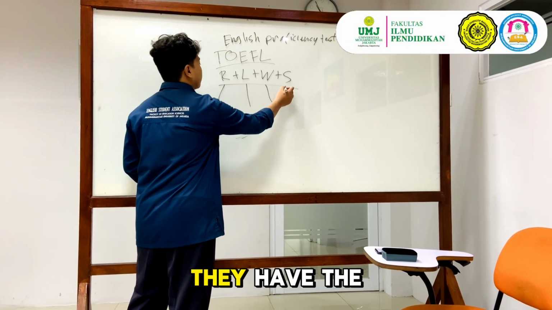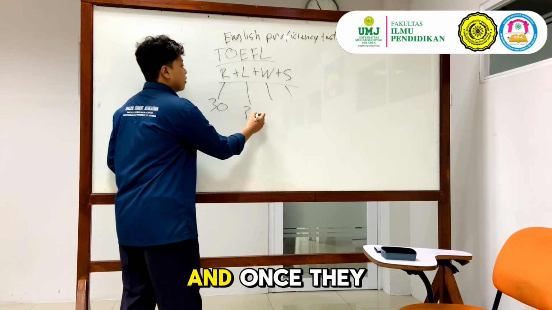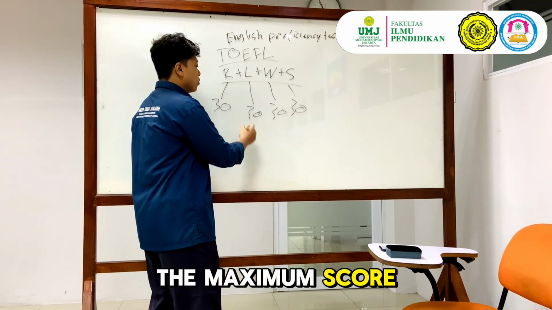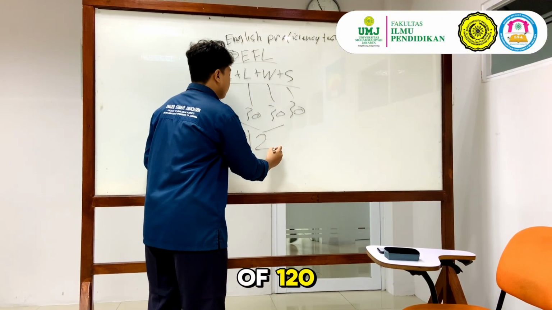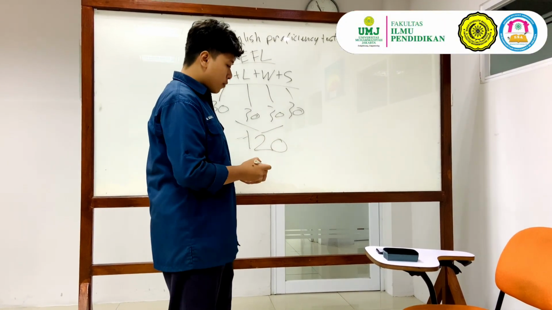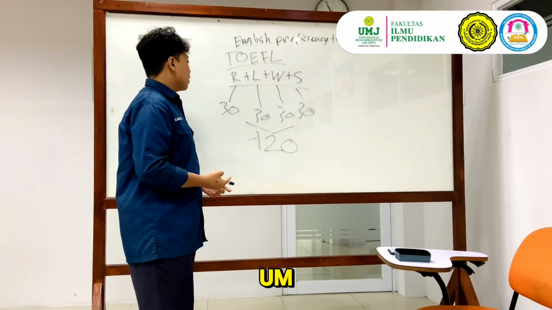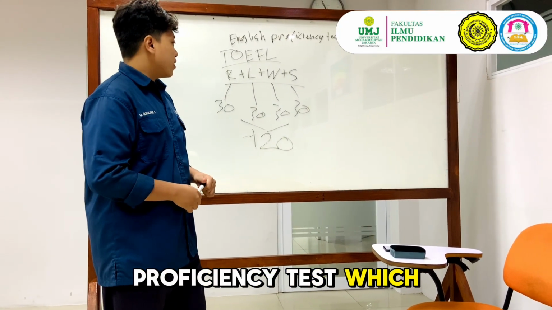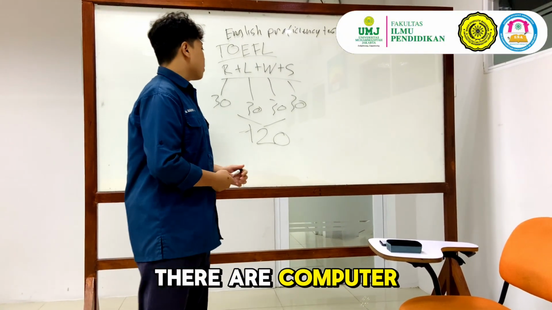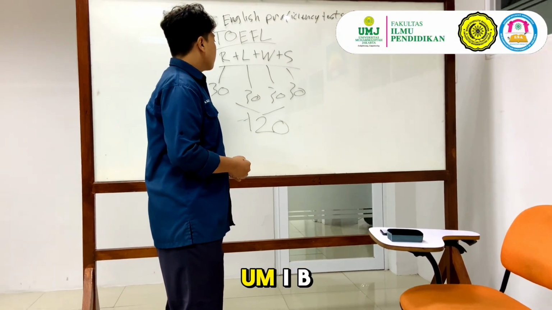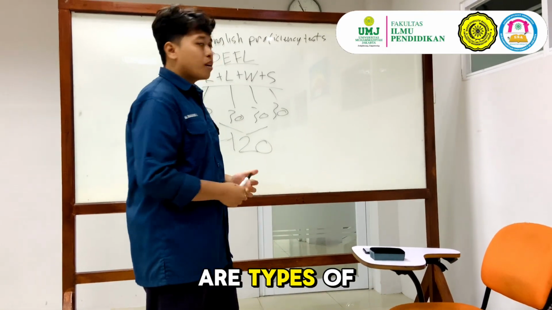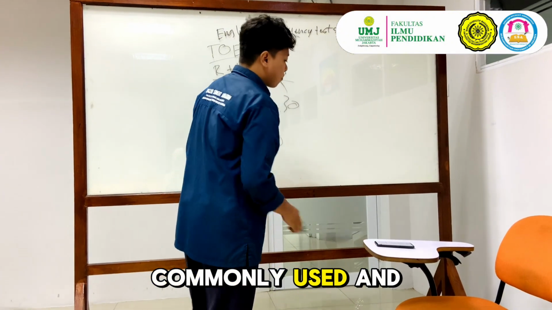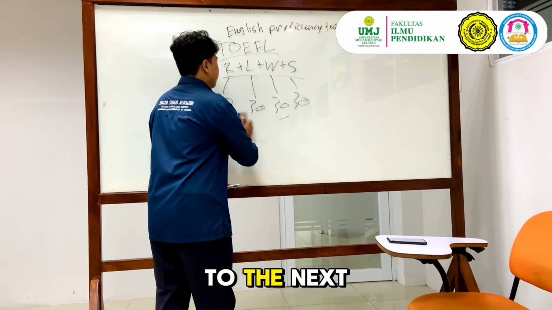Once they are all accumulated, you can get the maximum score of 120. So basically TOEFL is an English proficiency test which is computer based. There are variations, such as the iBT, but it works like that. So it's most commonly used. And now let's get to the next one.